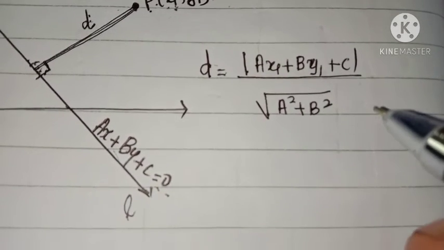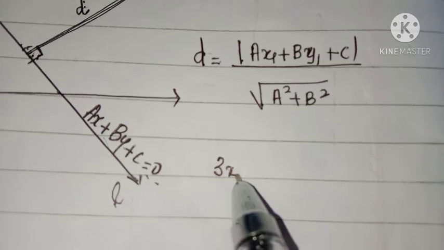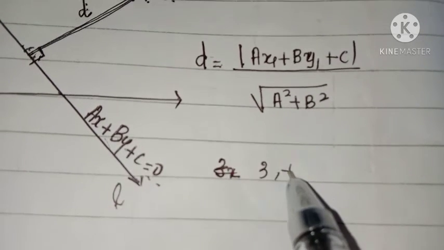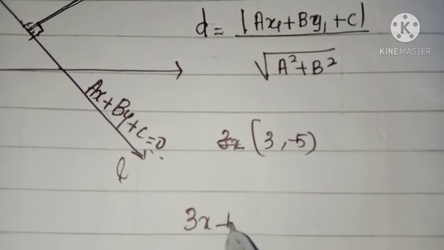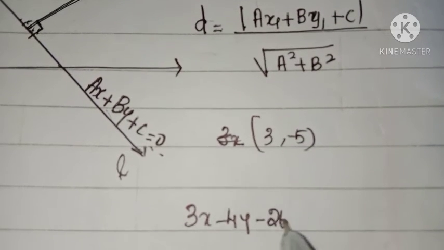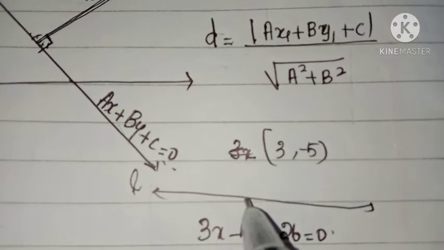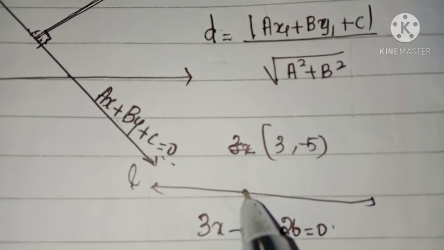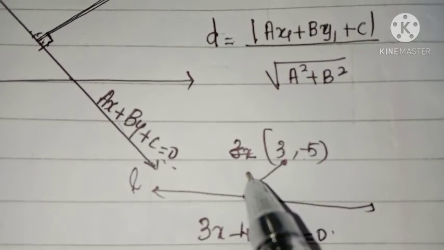For example, suppose we have a point 3, minus 5 and there is a line 3x minus 4y minus 26 equal to 0. Now we need to find the distance from the line to this point 3, minus 5.